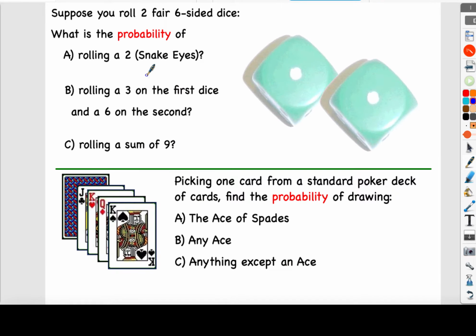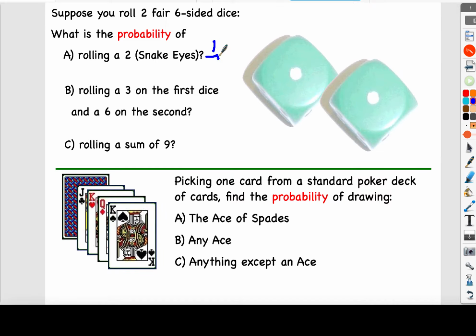So let's go back to this first screen here. Again, suppose we're rolling a pair of dice, right? Well, what's the probability of rolling snake eyes, or rolling a 2? Well, in order to roll a 2 on a pair of dice, we have to get a 1 and a 1. So there's only one possible thing that can happen. We need that to be a 2. There's one way to make that happen.